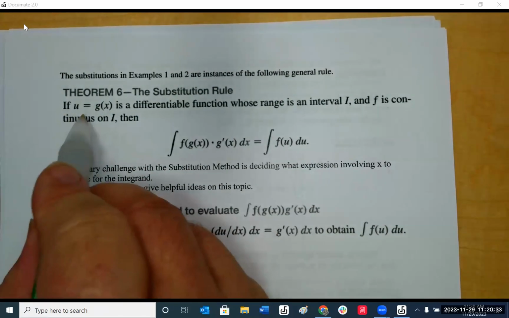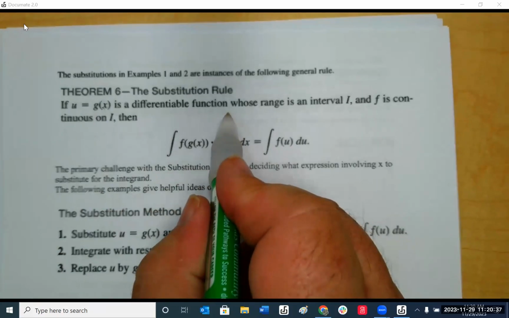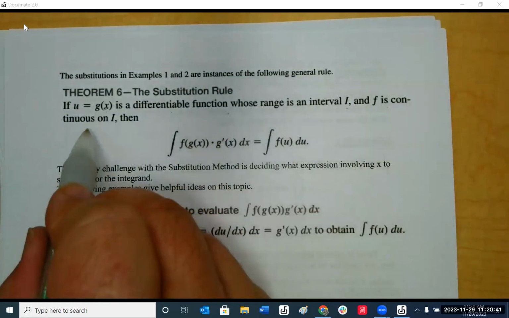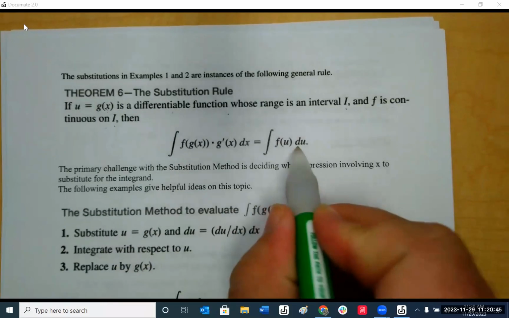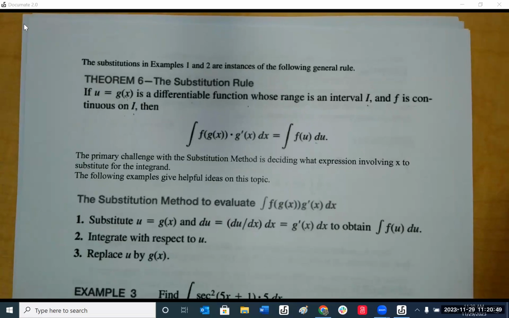Substitution rule. If u equals g of x is a differentiable function whose range is the interval I and f is continuous on I itself, then this is what we just did when we transformed it.